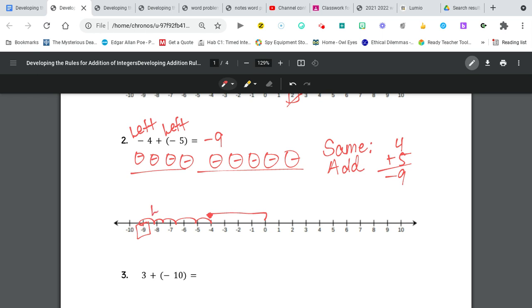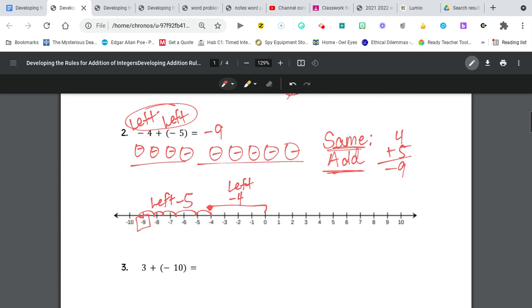So it's left 4 and left 5, which means you're left 9. So again, if they are the same, basically you add. And if they're all negatives, it is negative, depending on what model you're using.